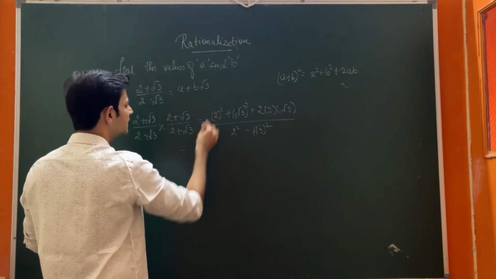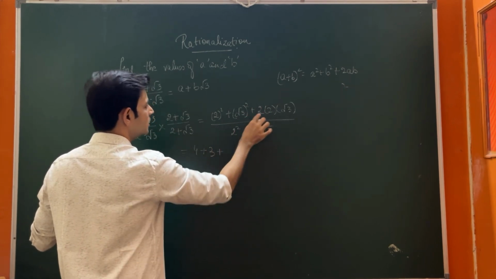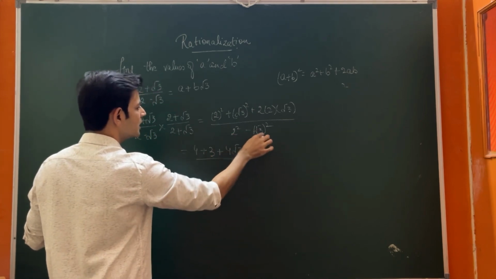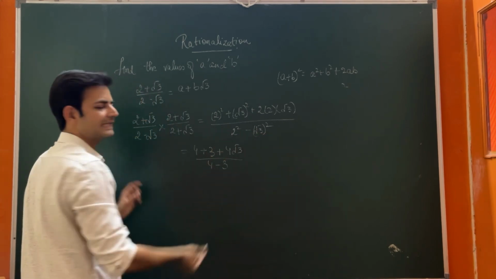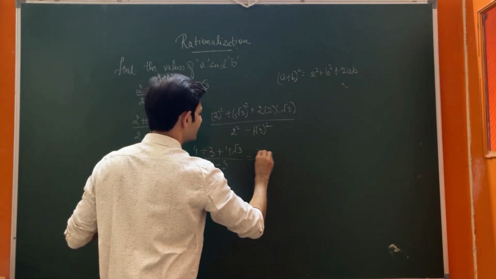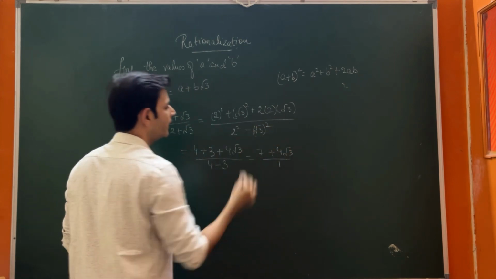We'll solve it further. This will become 4 plus 3 plus 2 into 2, which is 4, so 4 root 3, upon 4 minus 3. This will be equal to 4 plus 3 is 7, plus 4 root 3, whole upon 1.